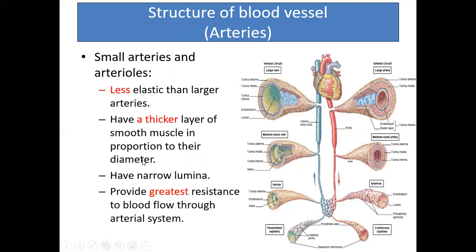Most of the tunica media is a smooth muscle layer. It also has a narrow lumen, definitely narrower compared to the large artery. This small artery provides the greatest resistance to blood flow through the arterial system.